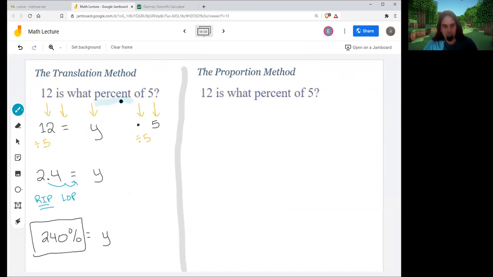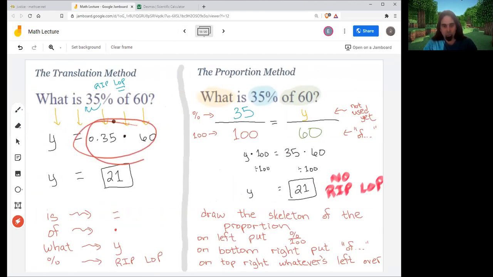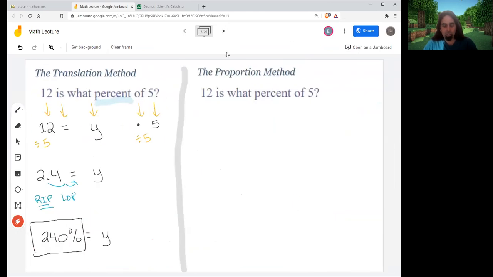If they're asking for the percent, we're going to have to do a riplop at the end to get that percent, but we don't translate it in the beginning. So that's nice. This isn't that hard, and it does a different kind of problem than we could do earlier using only our mad science tools. Here we had to do the same thing to both sides of the equation. It's a justice topic chapter.